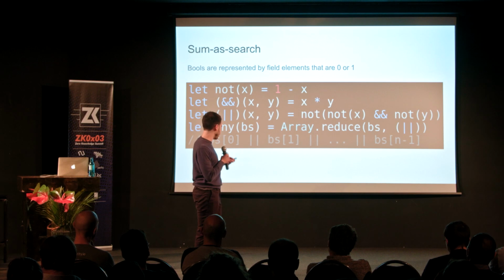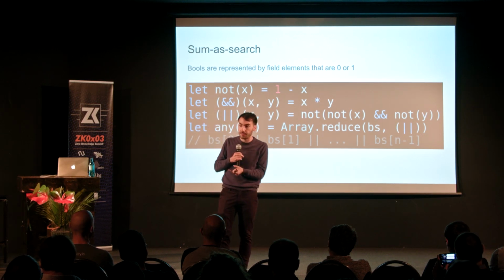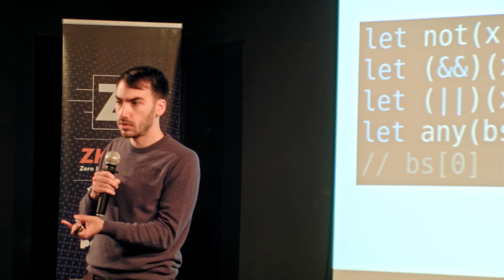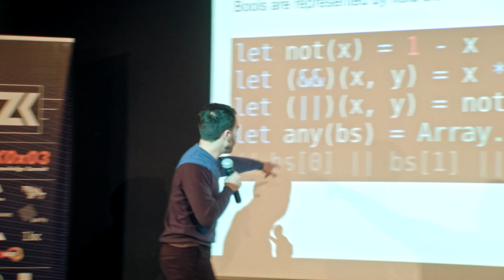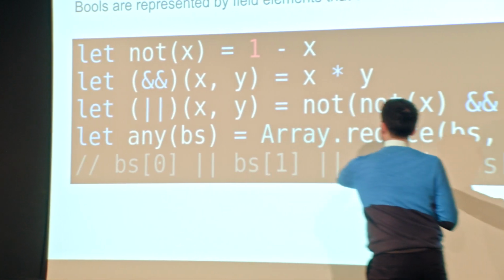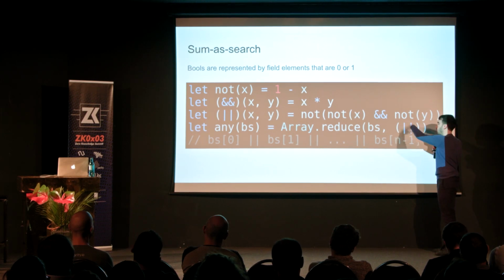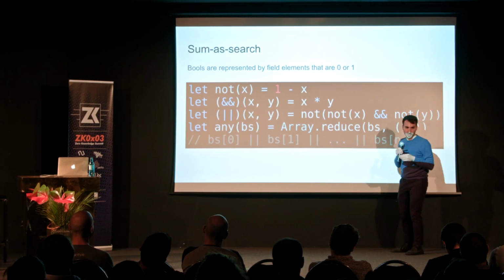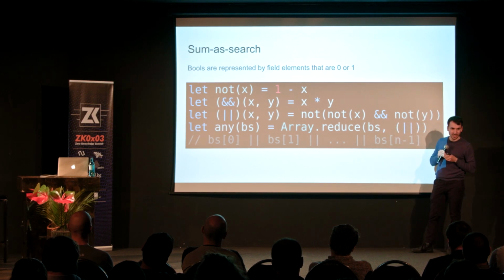If I have an array of bits, I want to return a bit which is true if any of them is true. It would be doing b of 0, or the first thing, or the second thing, or the n-1 thing. And you just write reduce, like functional programming. Does it make sense? Do people see what I'm saying?